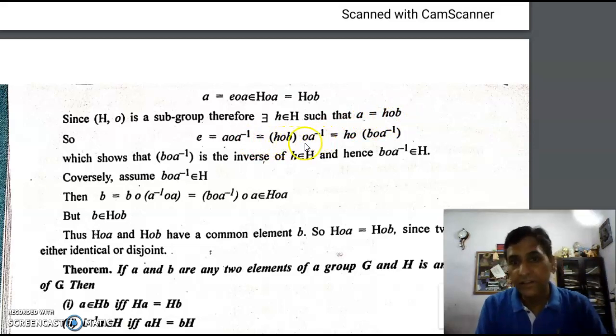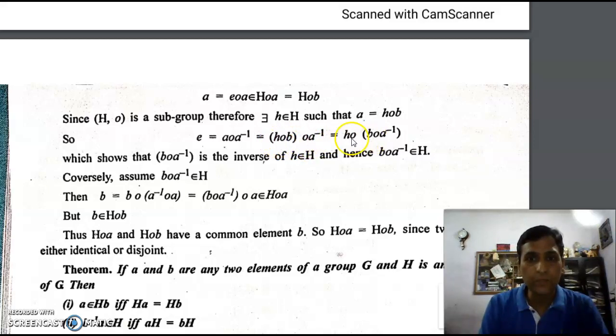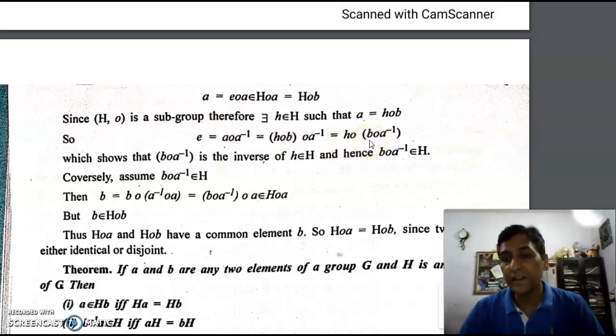Since H is a subgroup, all elements are from the group, and both satisfy the associative property. So using the associative property I change the brackets, so it becomes B composition A inverse, and this is equal to h. When I say A composition B is identity, it means one element is the inverse of the other.